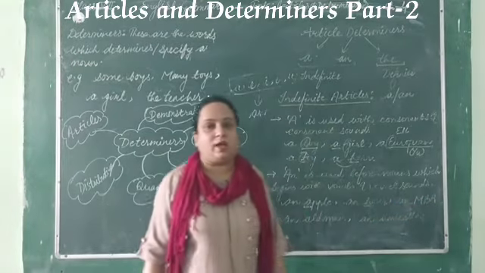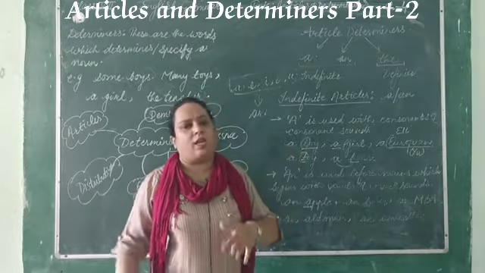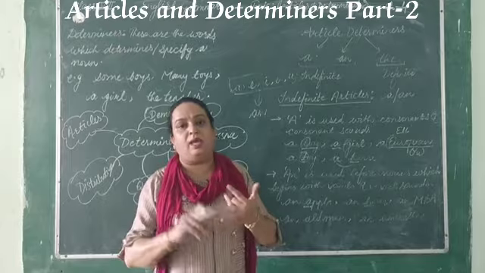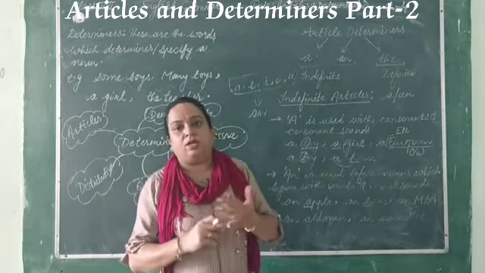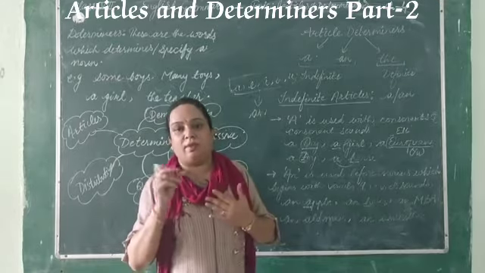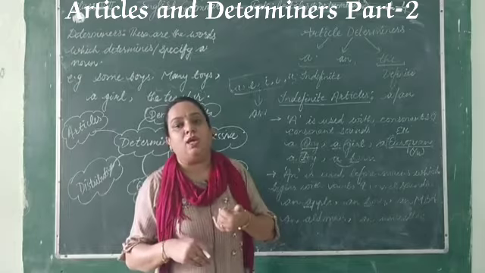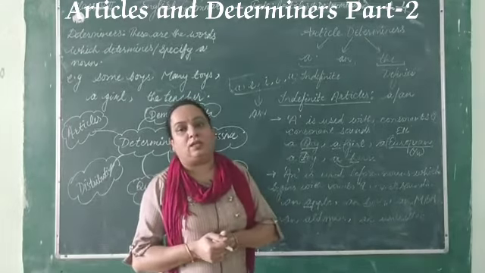Next is an MBA. Again you will say that M is not a vowel, but this is an abbreviation, and abbreviations like MBA, which have the sound M-A, right? So these types of abbreviations also give the sound of a vowel, and with that we have to use an.